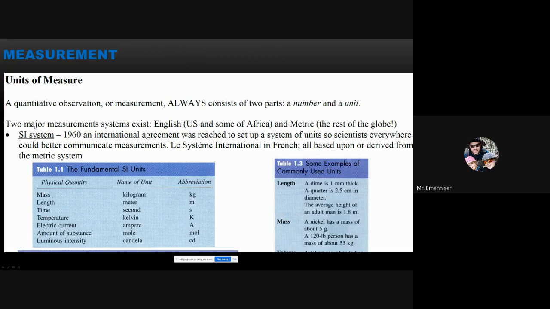The metric system also has another name, and it's called the SI system, or System International in French. And this is a system that the world is kind of agreed on to set up units so that scientists can communicate their measurements with each other. Okay, so this table 1.1 has got some fundamental SI units or metric system units. So we'll talk about these in a second.